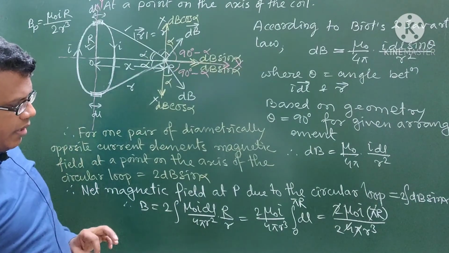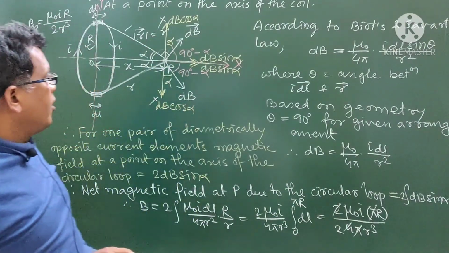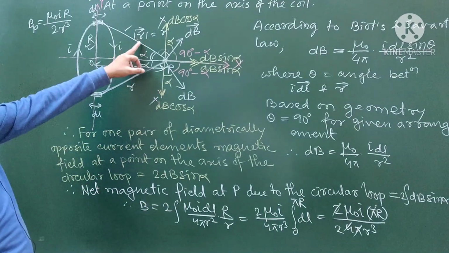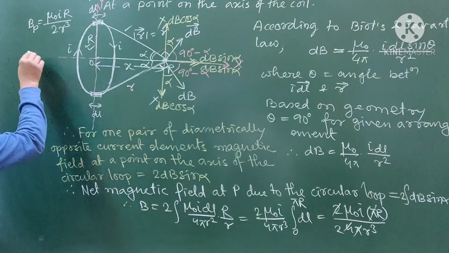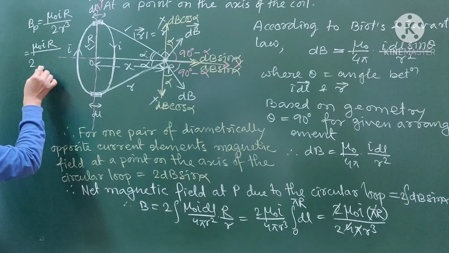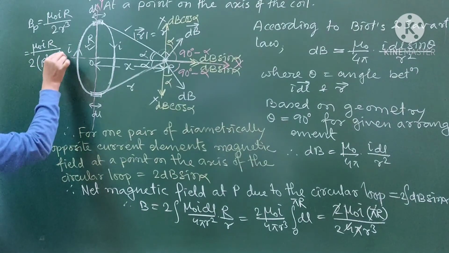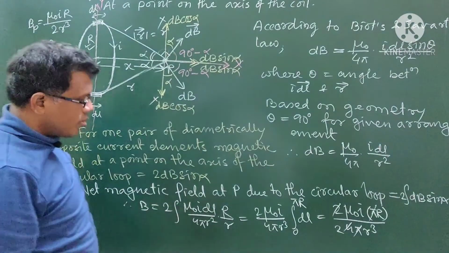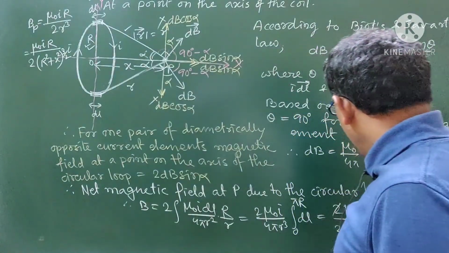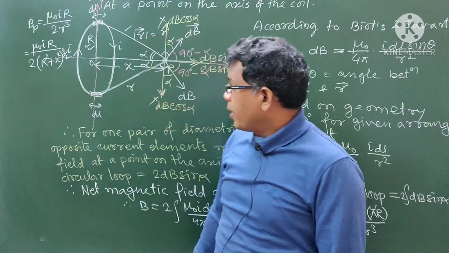Okay, so finally, if you want to ask whether it is independent of distance x, I can say no, it is not independent. Small r can be written in terms of x, so then it will be mu naught I into capital R divided by 2 into capital R square plus x square to the power 3 by 2.